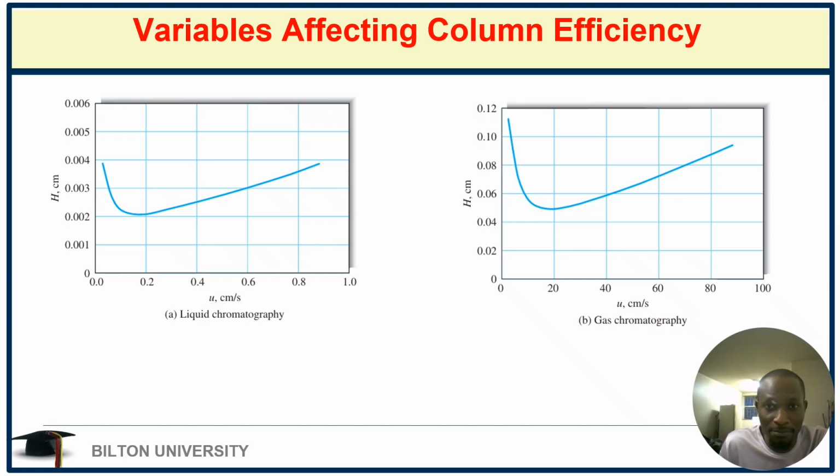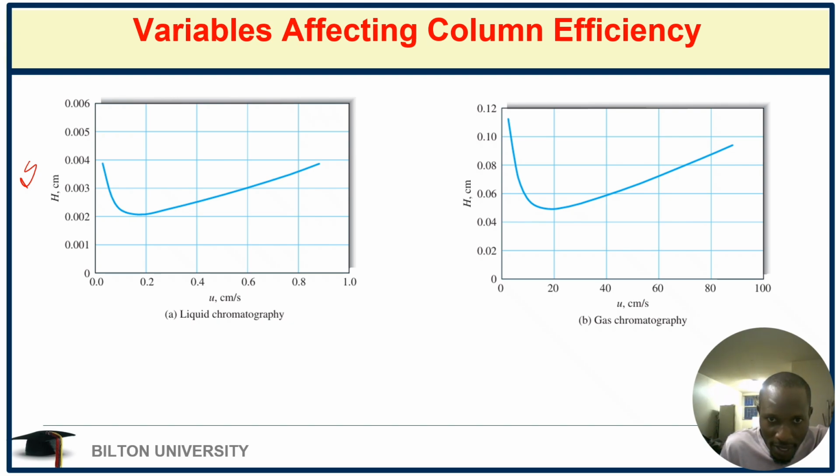So if you look at the plate height for liquid chromatography, all of them are in centimeters, but look on the y-axis, you have values like 0.001, 0.002, while in gas chromatography you have plate height in 0.02, 0.04.